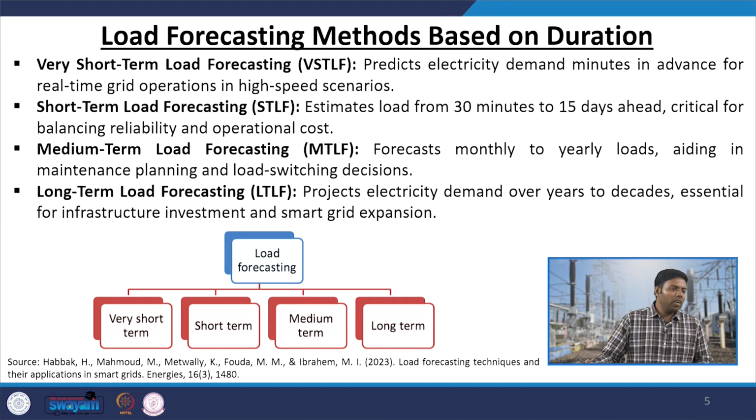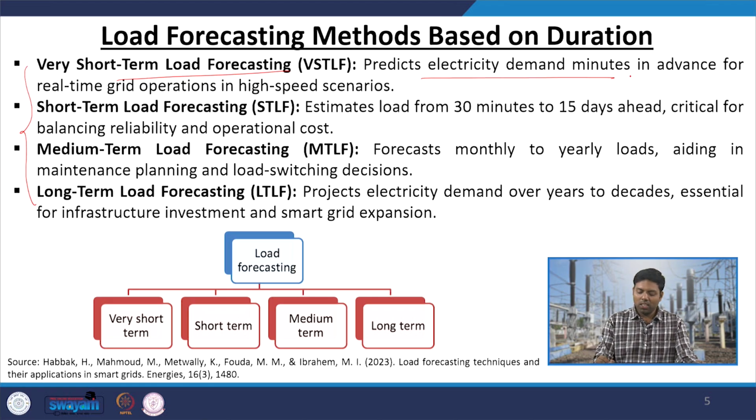Now, depending upon the time frame of your load forecasting, there are 4 different kinds of forecasting techniques. One is called very short term load forecasting, where you are predicting the load for minutes in advance of the real time grid operation. That means you are doing it for 1 minute ahead.